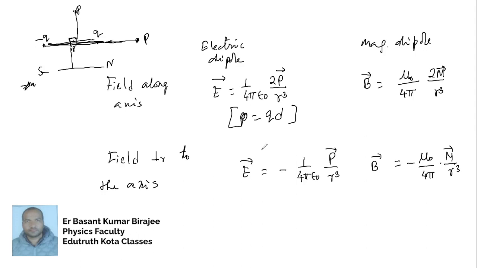After finishing the dipole moment of a revolving electron, we'll be left with the galvanometer and its conversion to ammeter and voltmeter. That will be the last topic of moving charge and magnetism. So let's save this one and clear this too.